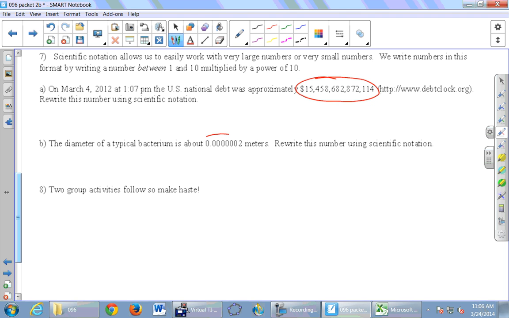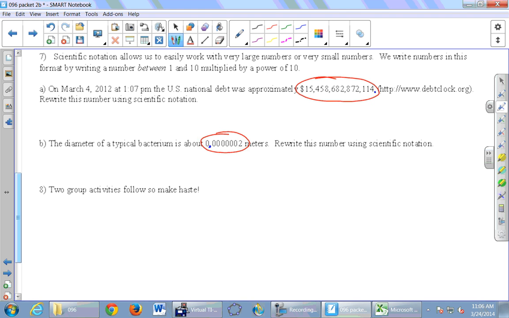And then we're going to look at this really teeny tiny close to zero number, which is the diameter of a bacterium, which is really small. And really big numbers and numbers really close to zero are kind of awkward to write, and they're also awkward to read. And so scientists who end up using these kinds of numbers often have invented this notation, scientific notation. And the idea is you're going to take the decimal point wherever it is, and you're going to move it.